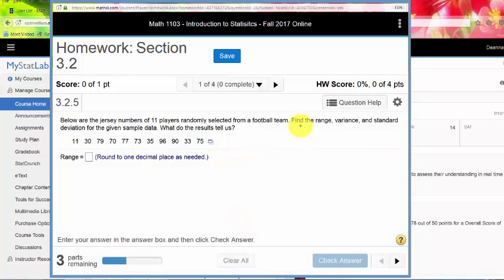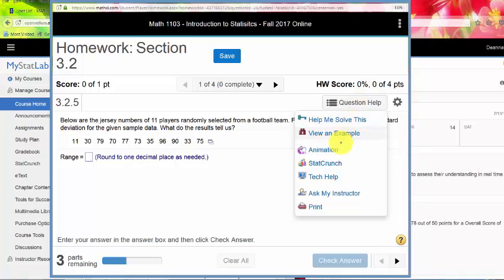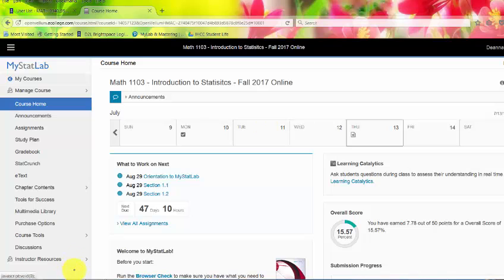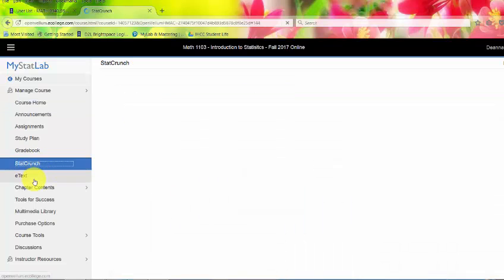Over in question help is where you can go into StatCrunch when you're doing homework or when you're taking a quiz. You should have that option to go into StatCrunch from question help as well. So I just want to make sure that you're aware of that. There is an option here to go to StatCrunch, right here about halfway down. So you can go ahead and click on that.